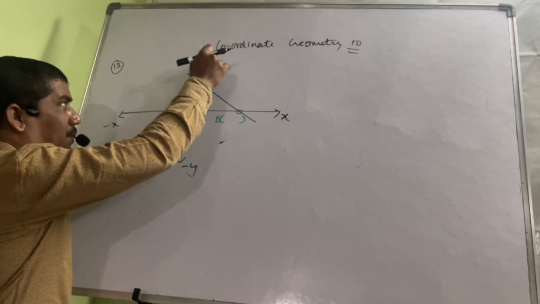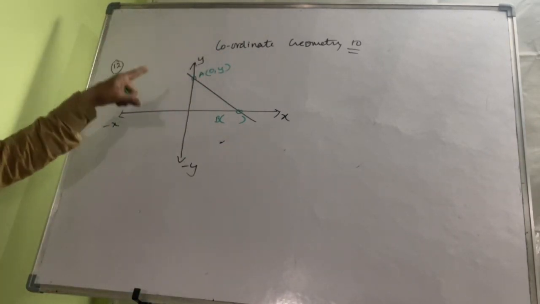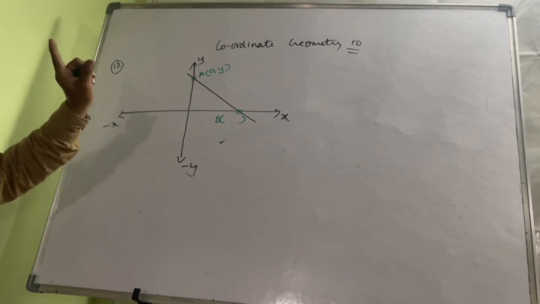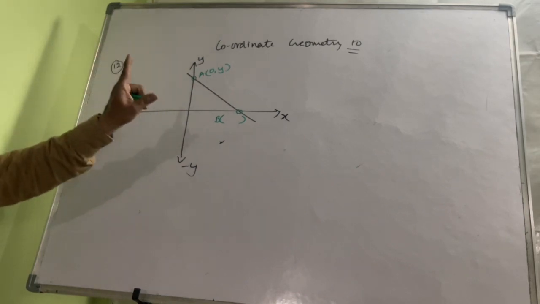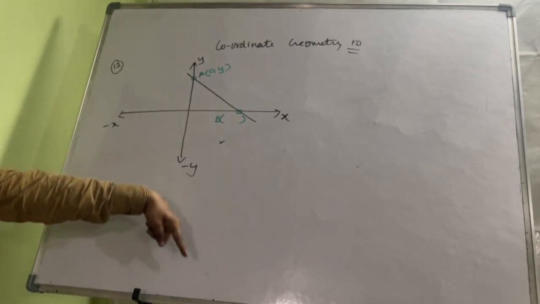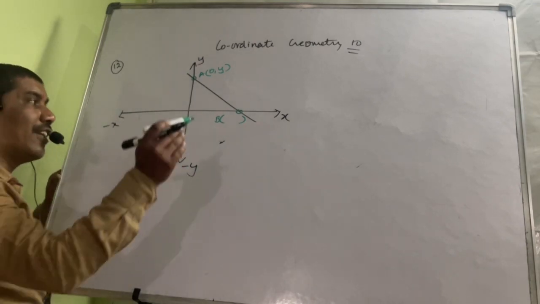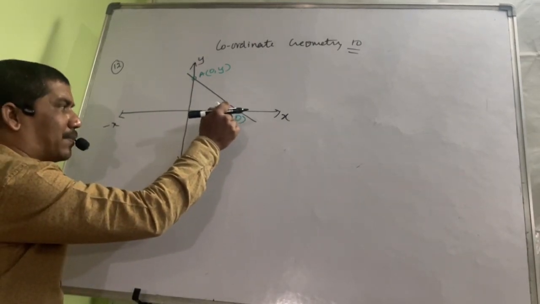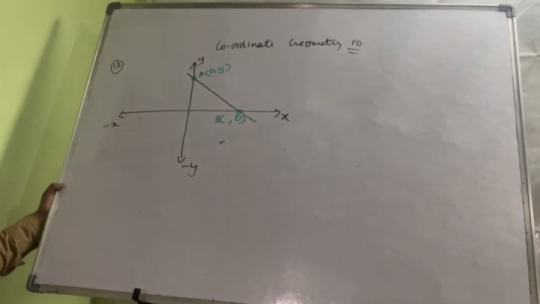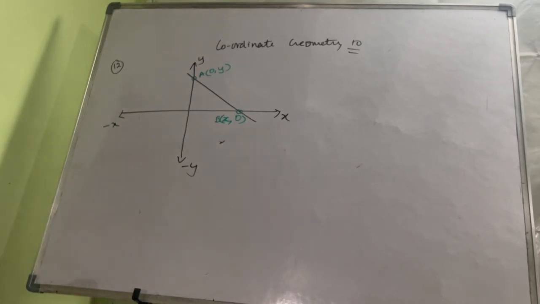So this is (0, y). Always, whenever a point is on the y-axis, the x value will be 0. Y you should take as y only, because we don't know this value right now. So y only we should find out in the coming process. On the x-axis, y will be 0. So the y part I am keeping 0. Getting with this? Y coordinate points. The x coordinate point I should take as x, because I don't know its value right now.